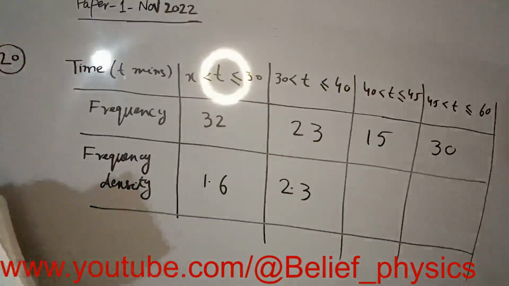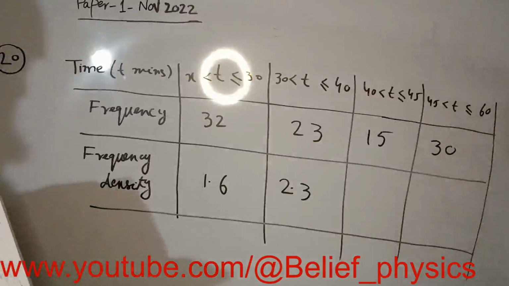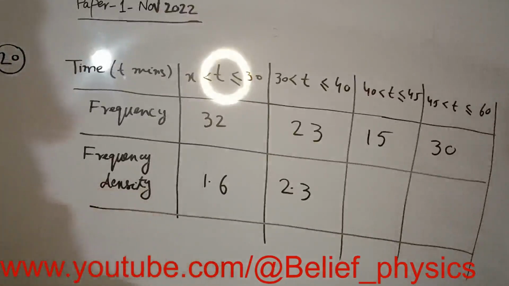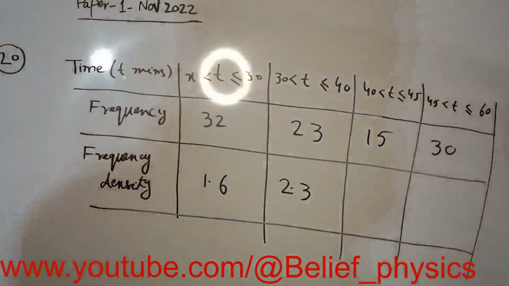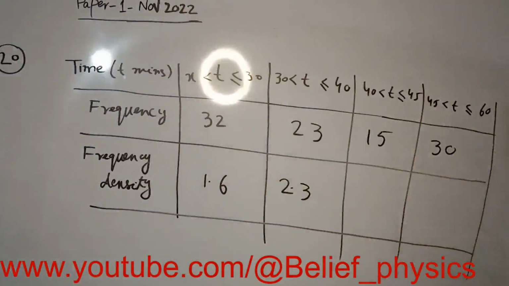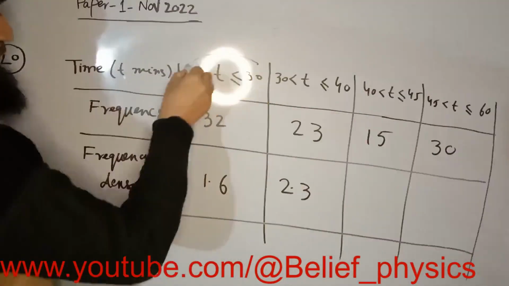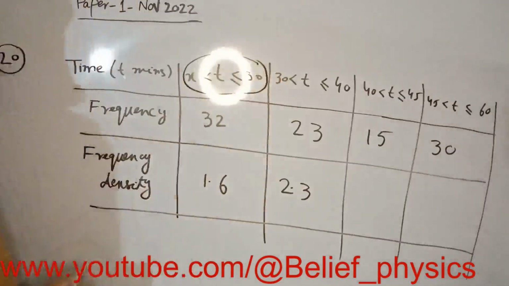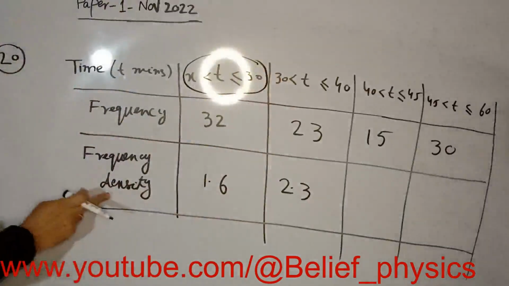Now the question is, A part is, find the value of x in the interval x is less than t, t is less than or equal to 30. Frequency density is given.